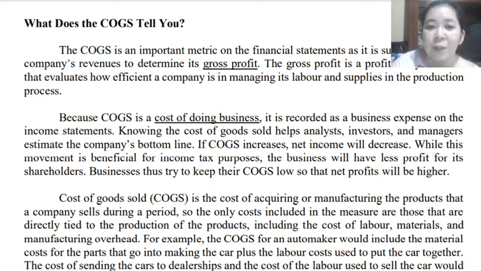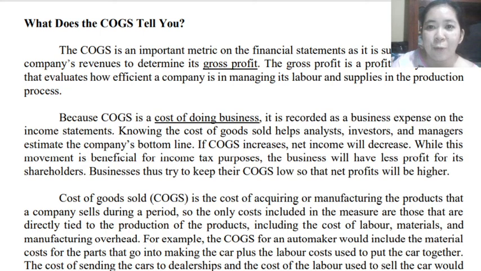If cost of goods sold increases, of course, the effect is your net income will decrease. While this movement is beneficial, especially for tax purposes, because taxes are based on the net profit or income of the entity. So that's why cost of goods sold is also essential.